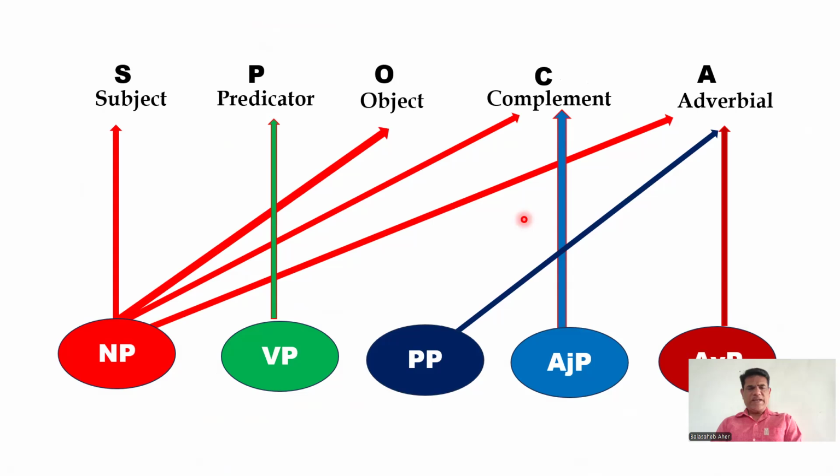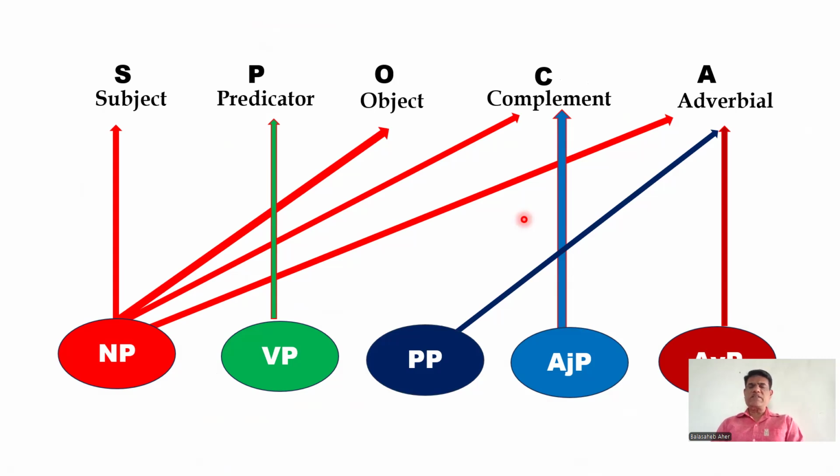So we can see that except noun phrase, verb phrase does only one function, prepositional also one function, adjective phrase also does just a complement function, and adverb phrase also has one function in a clause. It is only noun phrase which can act as a subject, object, complement, and adverbial.